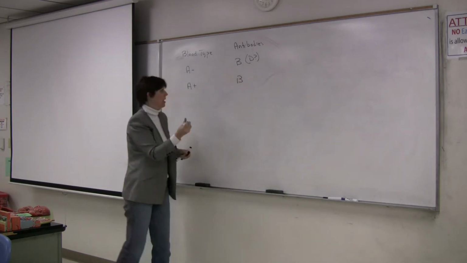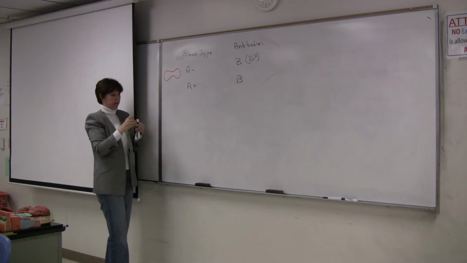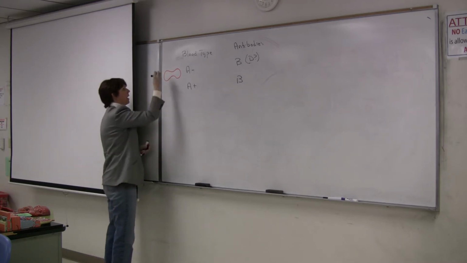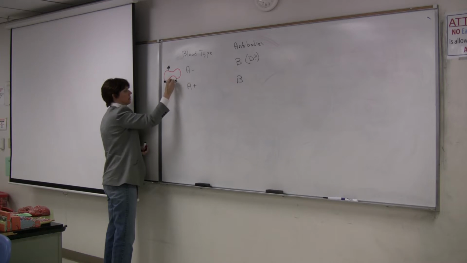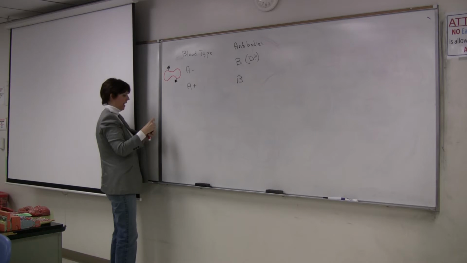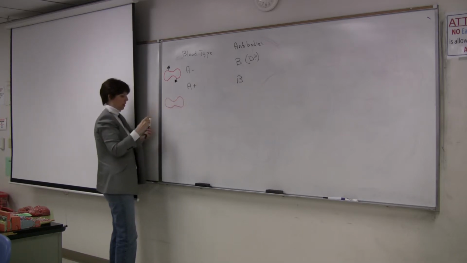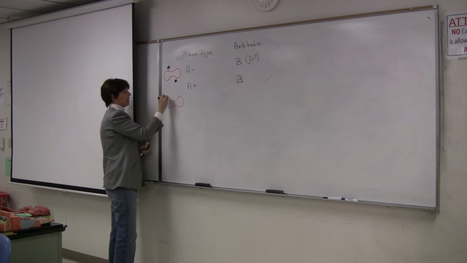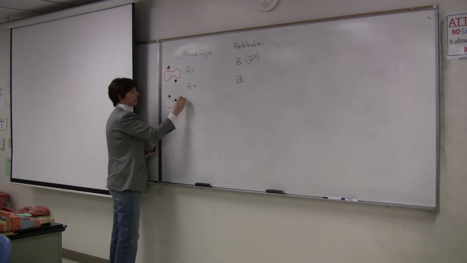All right. So let's just make sure, here we've got a cell that is A negative, would have on it A antigens. Okay? A blood cell that is A positive would have the A antigen and the D antigen.